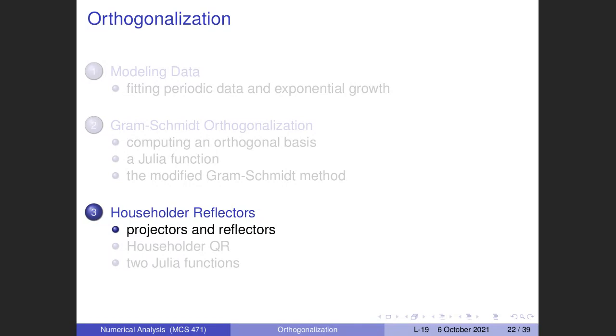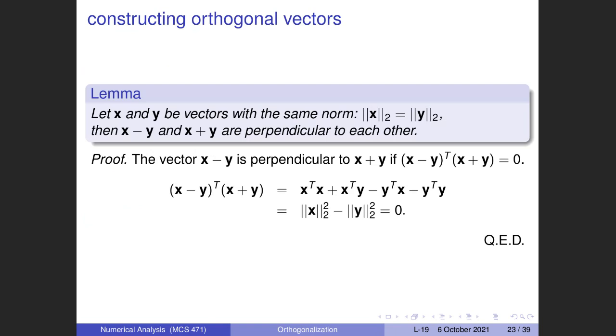The modified Gram-Schmidt method is numerically stable in general, but it may not work that well when your matrix is close to being singular. We can derive an alternative method that uses orthogonality everywhere, also in the transformations.